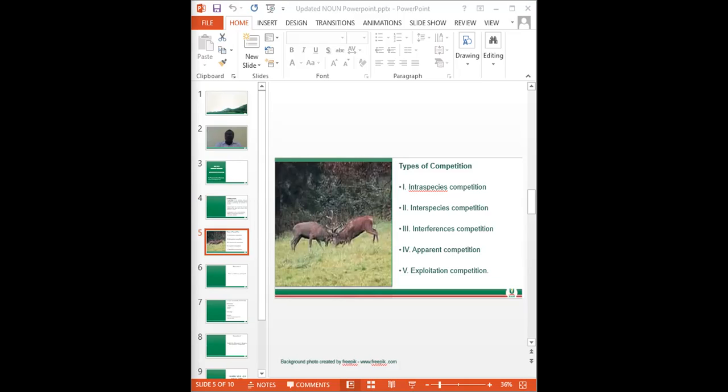Take for example, two trees growing together, they will compete for light above ground, for water, and also for nutrients in the soil, thereby getting fewer resources. They will usually perform less well than if they grew by themselves. Although in this situation, it will actually be more useful to think in terms of resource availability than competition.